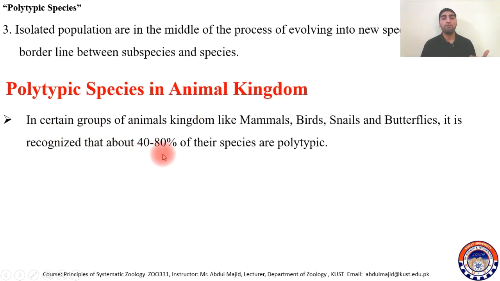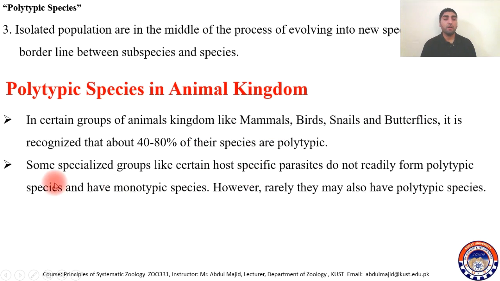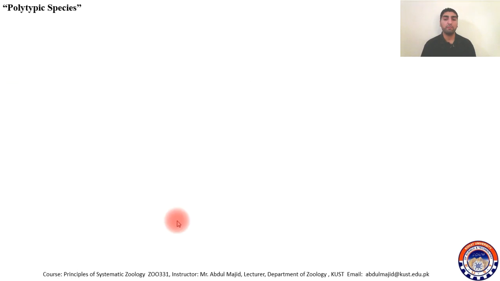Some specialized groups like certain host-specific parasites do not readily form polytypic species and have monotypic species. Such host-specific parasites are restricted to certain hosts, so they do not readily form polytypic species and they remain monotypic. However, rarely they may also have polytypic species.